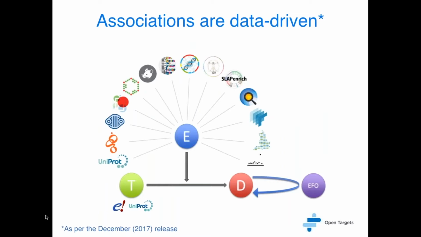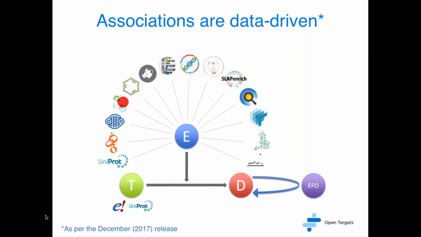So we would like to transform drug discovery by allowing this systematic identification of targets through several ways. And one of the ways that we want to allow for that is by performing associations between targets and diseases so that you guys can test or generate therapeutic hypotheses.